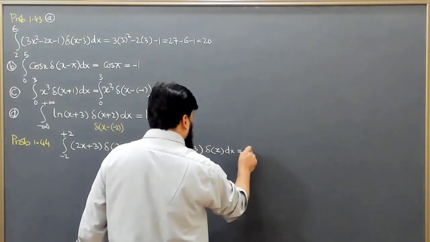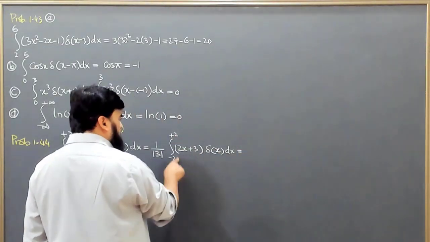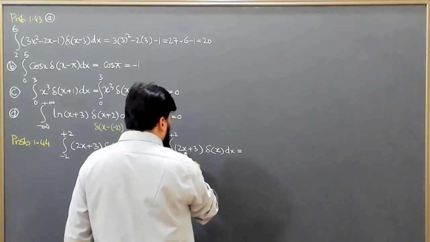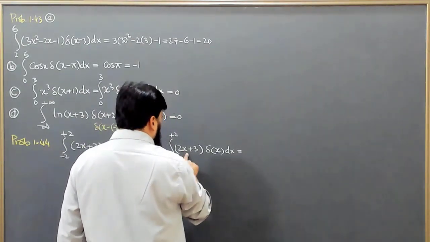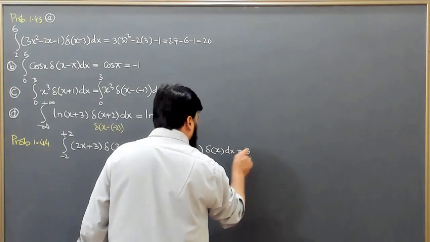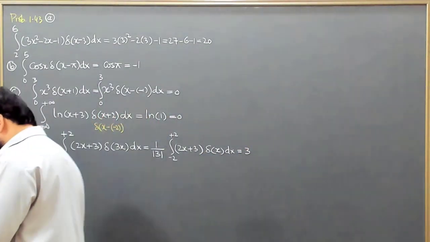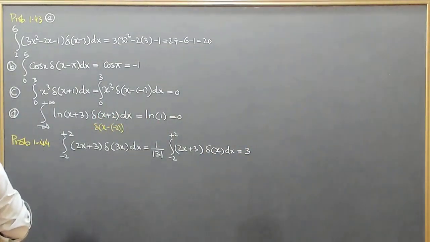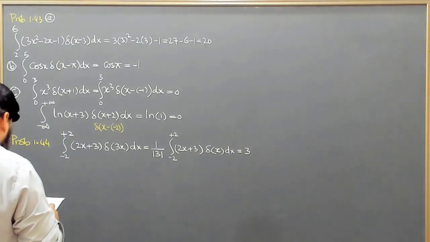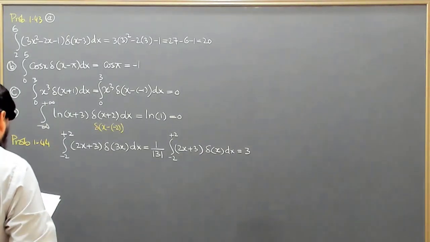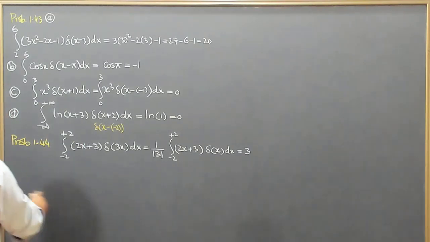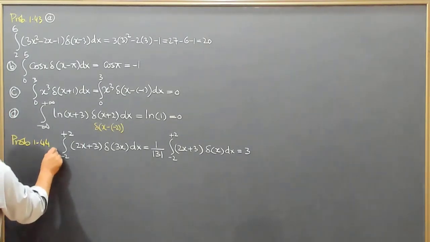It is valid because 0 is between these two limits. So for x equal to 0, this will become 0 and this will become 3 here. This was part A.